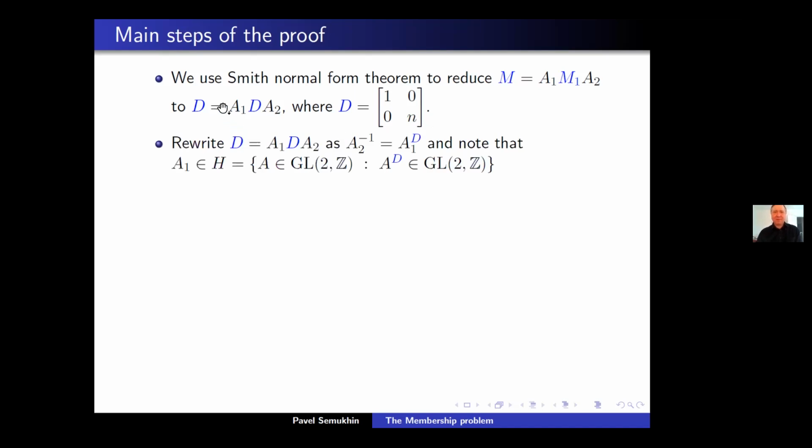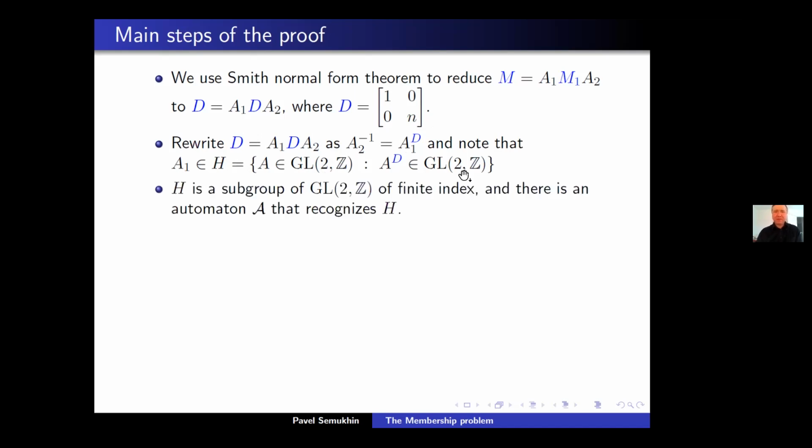Then we rewrite this equation in this form, and we note that for this equation to have a solution, the matrix A1 must belong to the group H, which consists of matrices from GL2Z whose conjugate is also in GL2Z. And we observed that H is a subgroup of GL2Z of finite index, and there is an automaton which recognizes H.